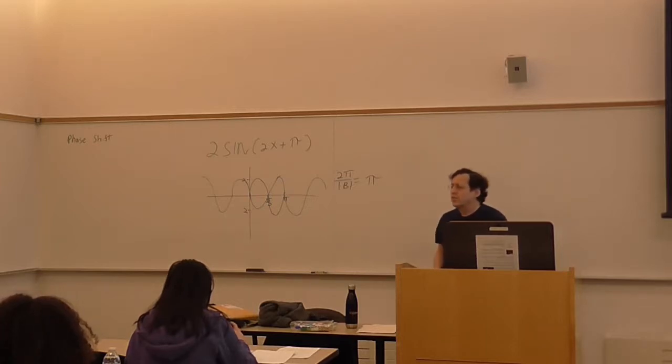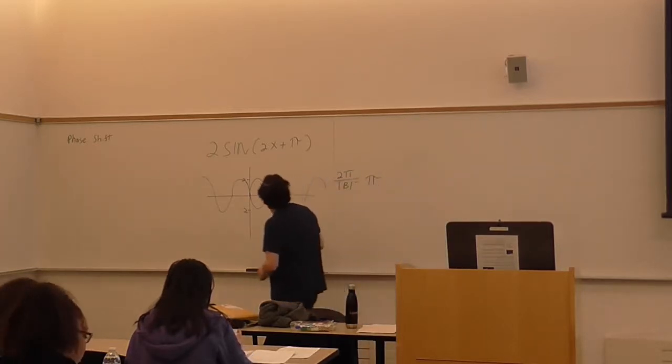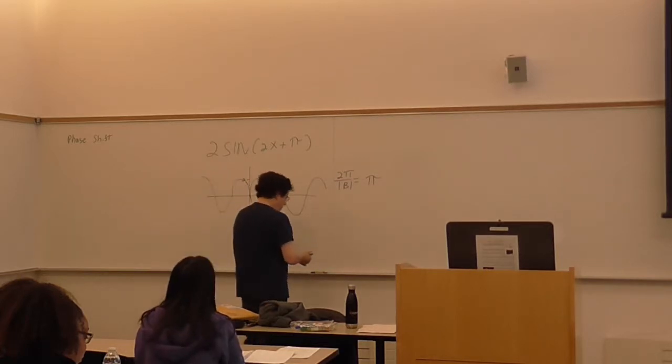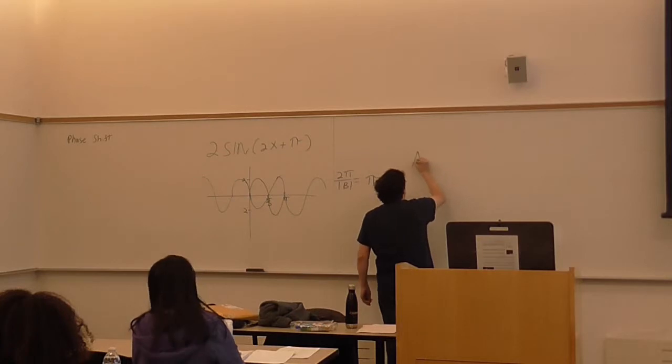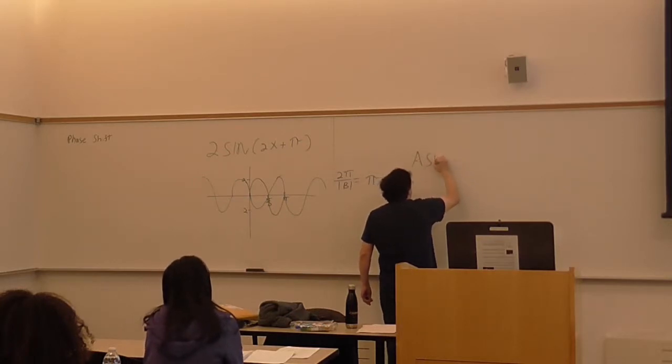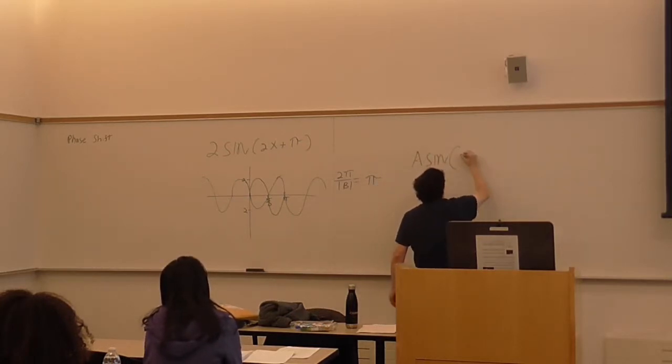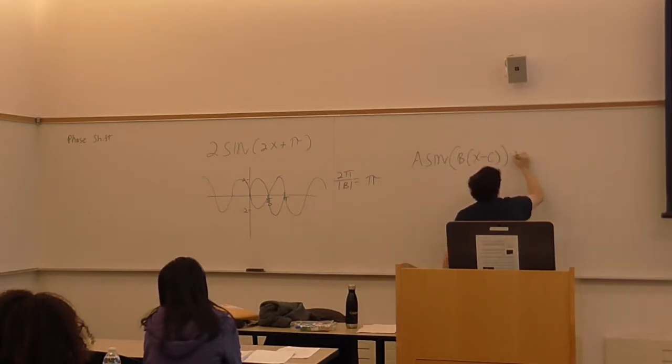Okay. So does anyone recognize what my mistake is? I think the other day I talked about the idea of a sine of b times x minus c, plus d.